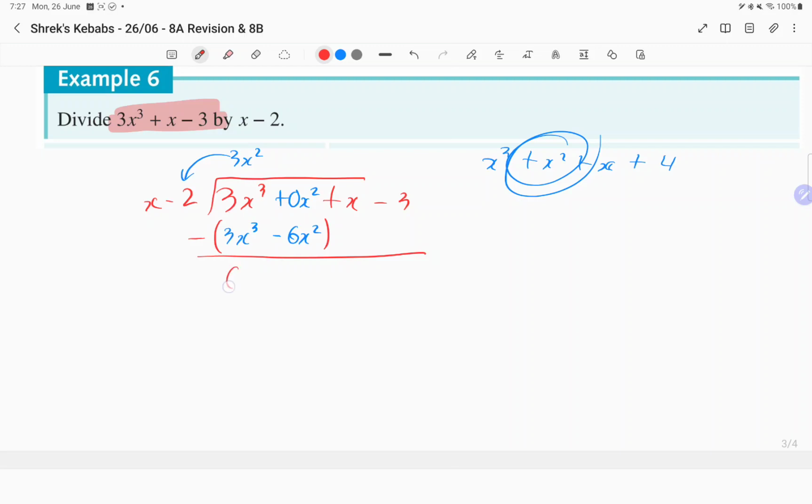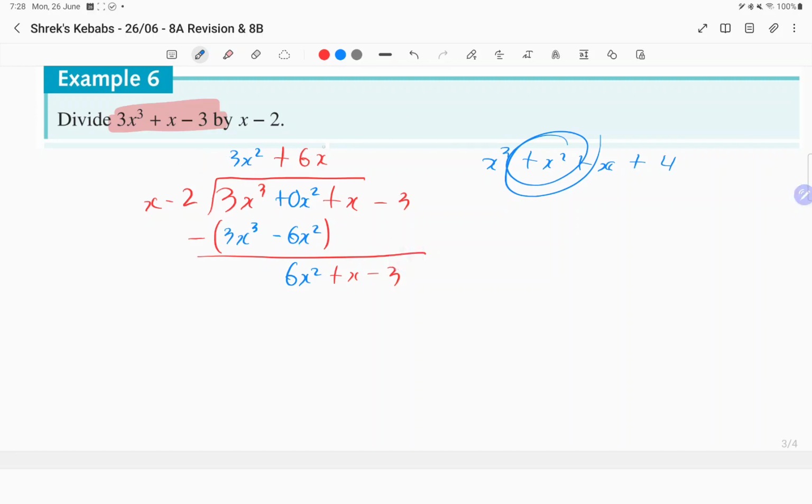Subtracting this one will be 0, they cancel out. 0 minus -6 is 0 plus 6, so that would be positive 6x squared. Then this one drops down, so plus x minus 3. The next term needs to be 6x, so plus 6x.